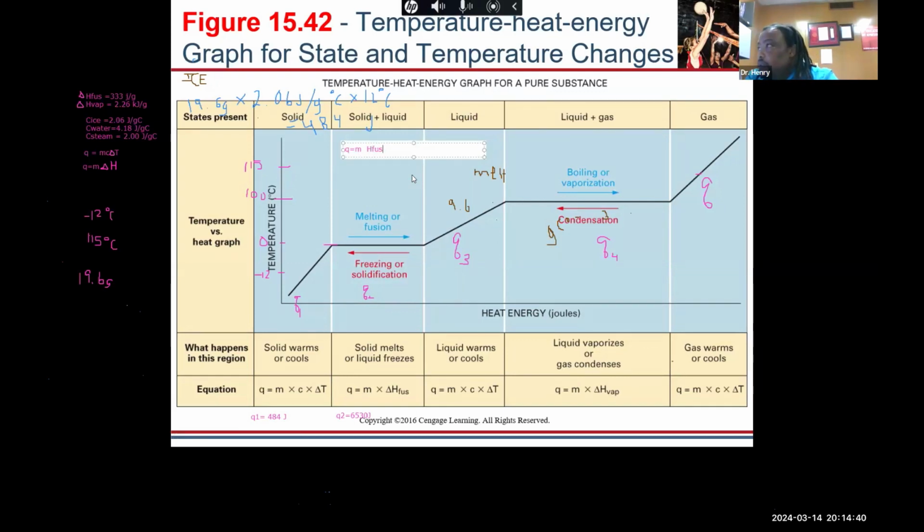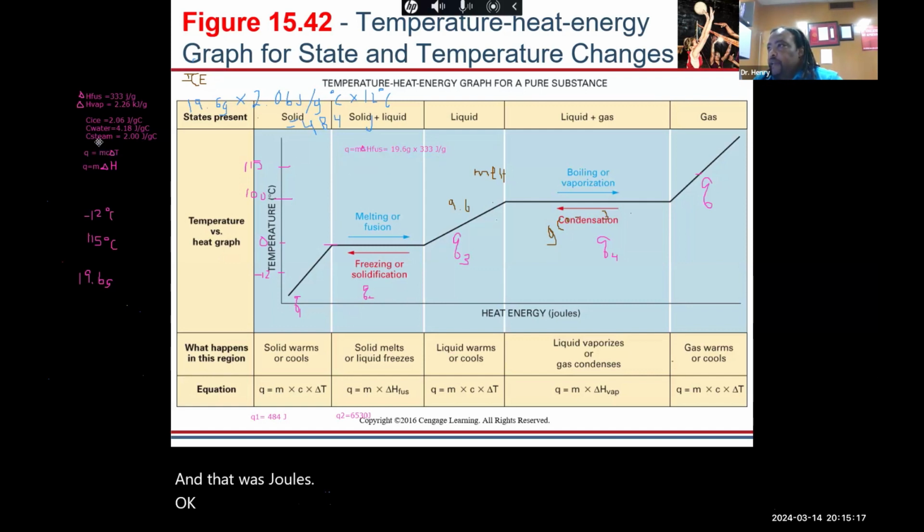And that's going to be equal to 19.6 grams times 333 joules per gram. Okay.